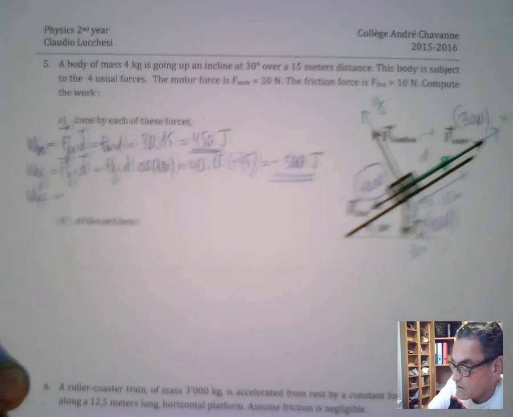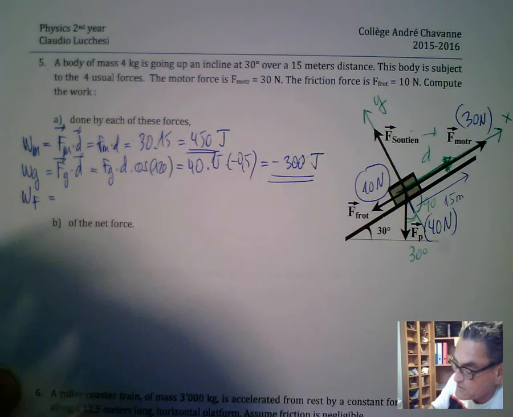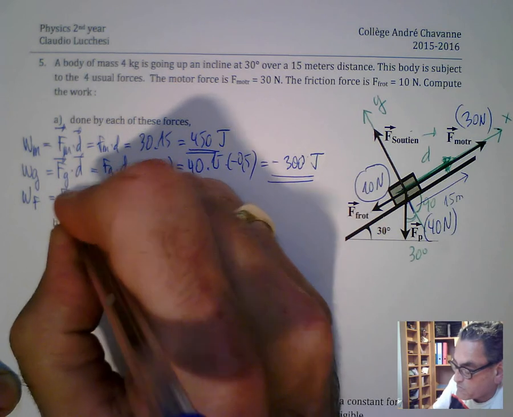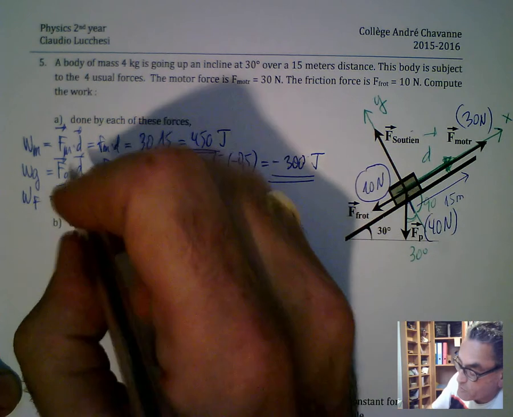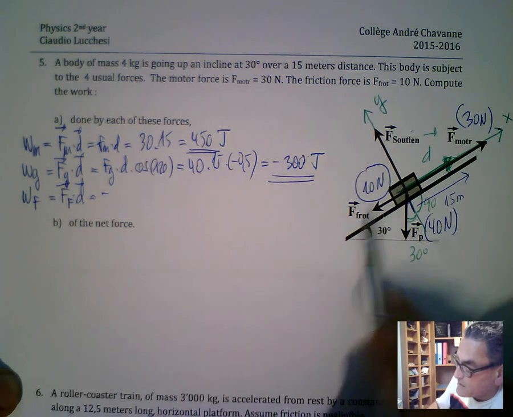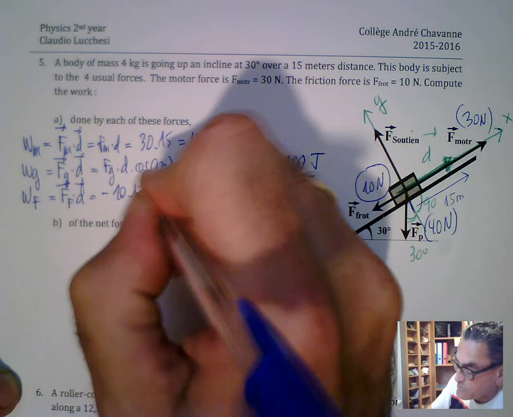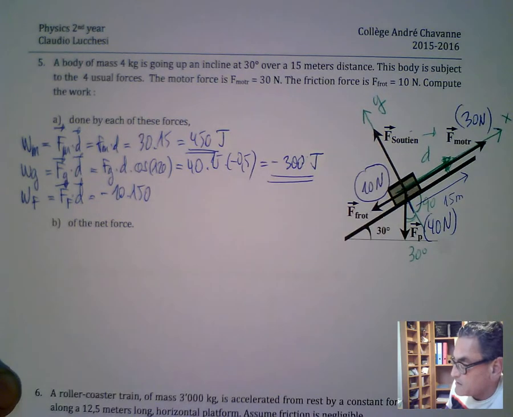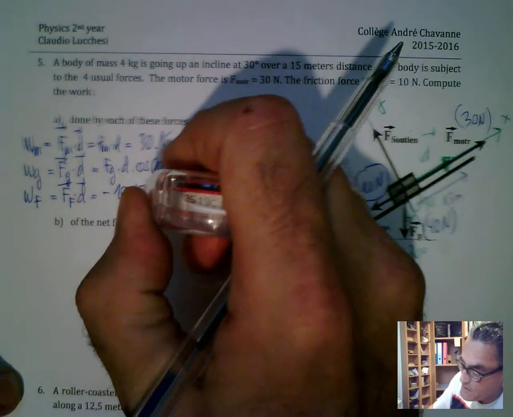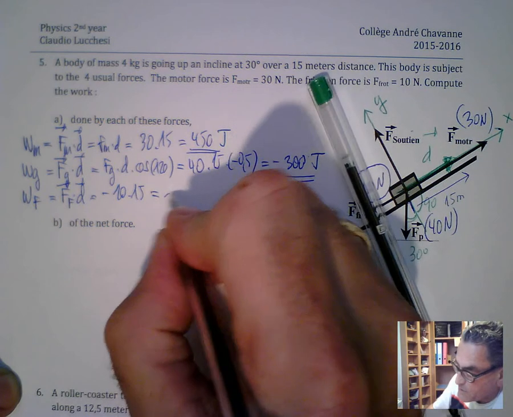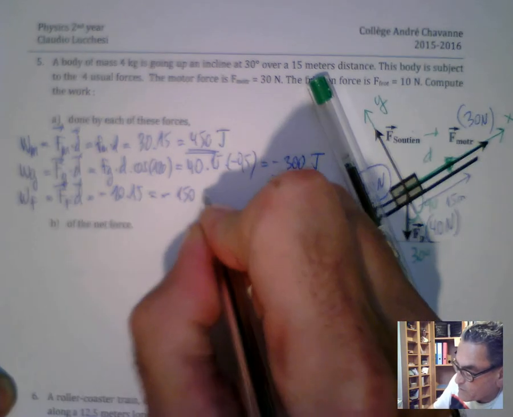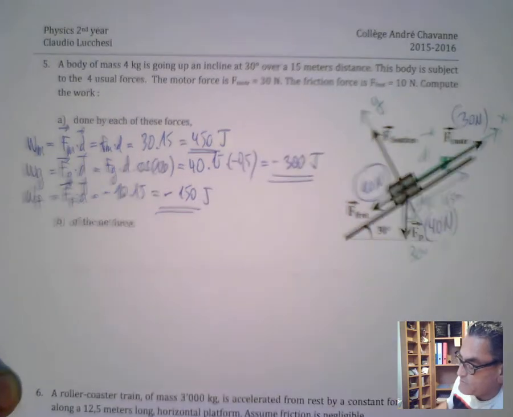Now, the work of the friction force is going to be what? It's the friction force scalar with the distance, but here the angle is 180, so we'll have a minus sign, and the friction force is 10 newtons, and the distance is 15 meters, so this gives us minus 150 joules.